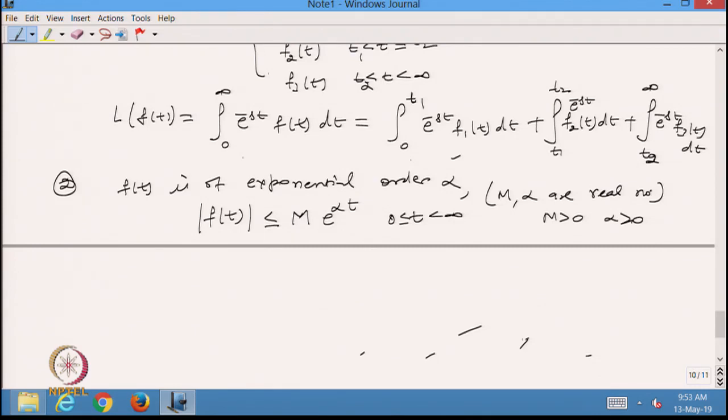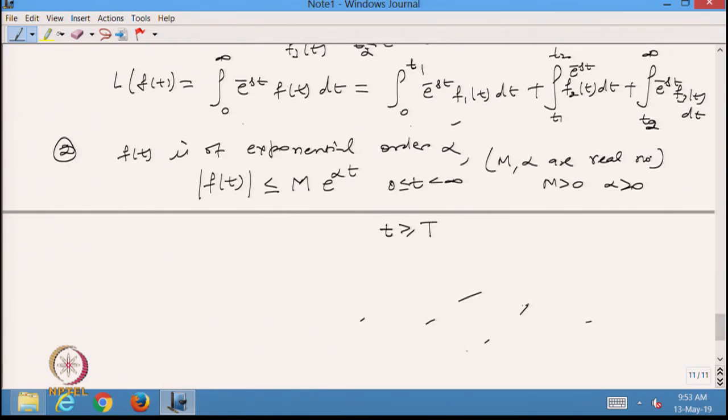So, in this case I can say that this function has a bound, that bound is m e raised to power alpha t. Sometimes we are also able to write this for t greater than or equal to some capital T, because it may happen, for example, let my f t be there.